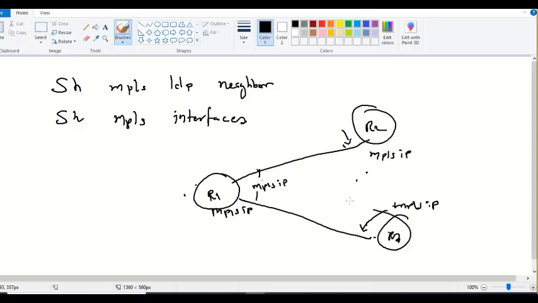Right? Only this much is what we need to know to enable MPLS. But after enabling MPLS, when I try to check for neighbor, show MPLS LDP neighbor, I'm not seeing a neighbor.